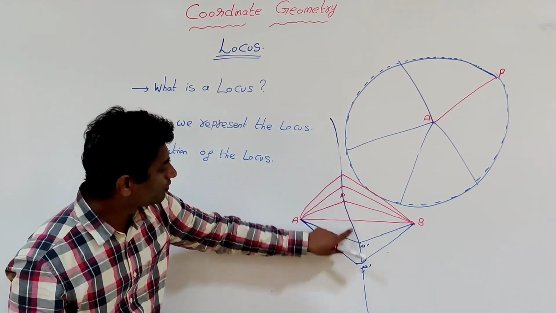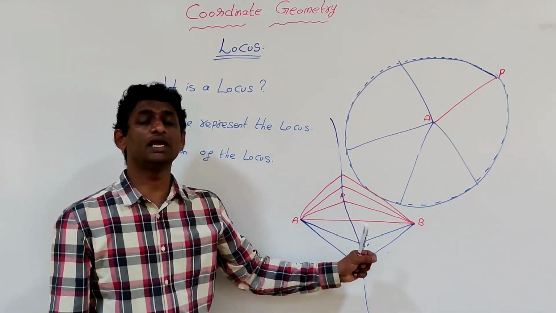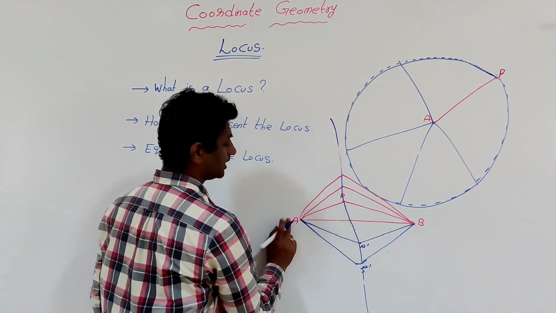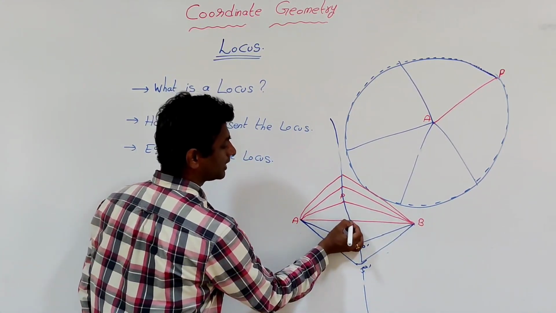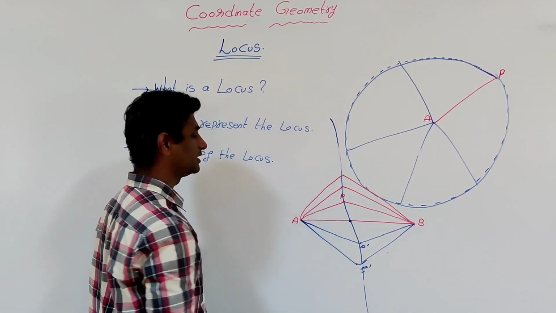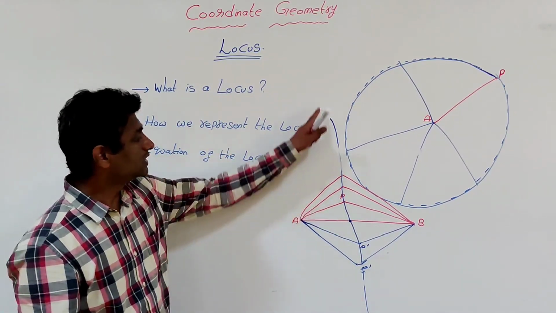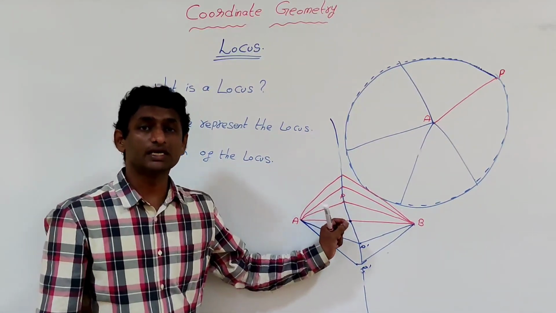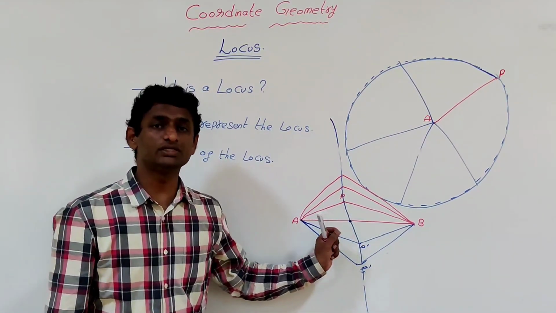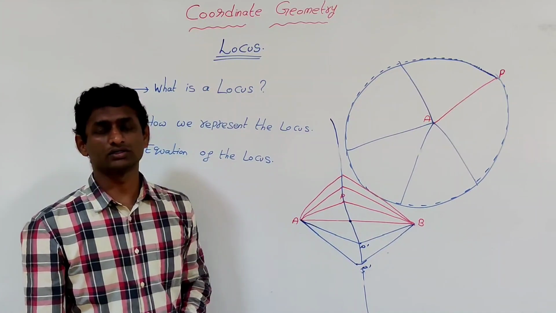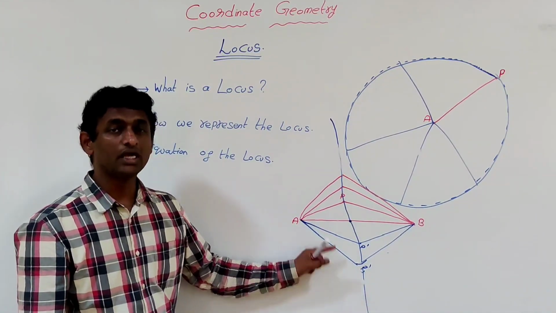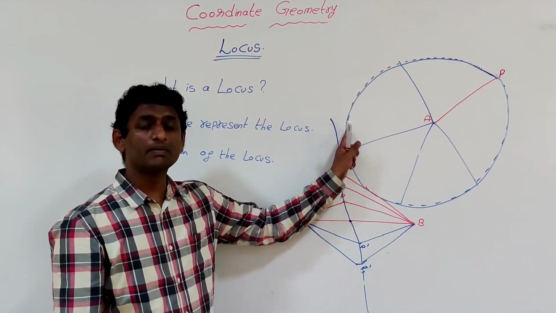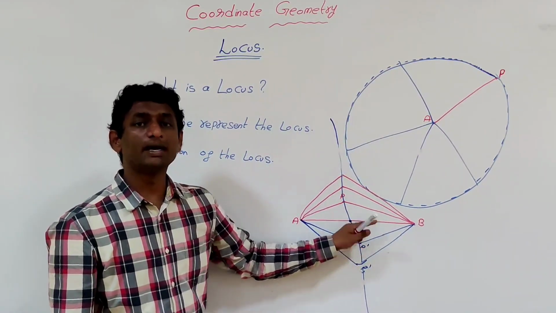And this line represents a perpendicular line, perpendicular to AB, and it is also bisecting. So this set of points which satisfies the condition, that is equidistance, is called a locus. And this locus represents a line which is nothing but a perpendicular as well as a bisector.